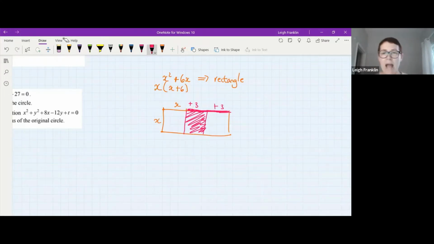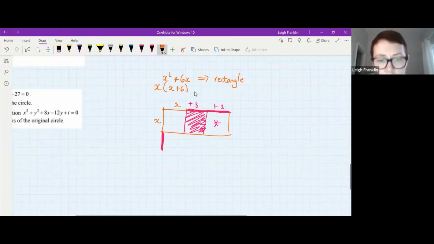Now I'm going to take this block over here that I've just put the pink circle in, and I'm going to move it. Remember, it's got to line up with this one over here. So I'm going to take this pink bit over here and put that pink bit down there. So this side over here has moved over there.